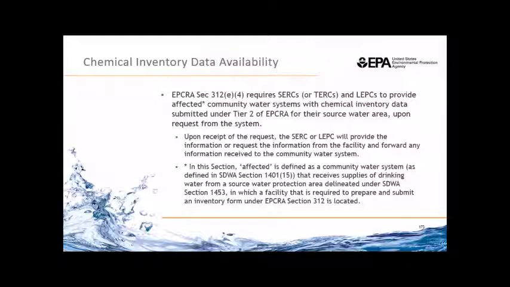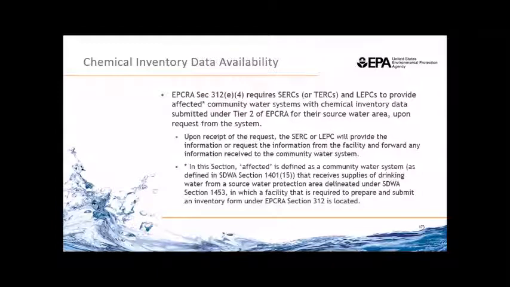So essentially what does that mean for an effective community water system? It means now they can request this information. An affected community water system is defined as a community water system that receives supplies of drinking water from a source water protection area delineated under SDWA, in which the facility that is required to prepare and submit an inventory form under EPCRA 312 is located.